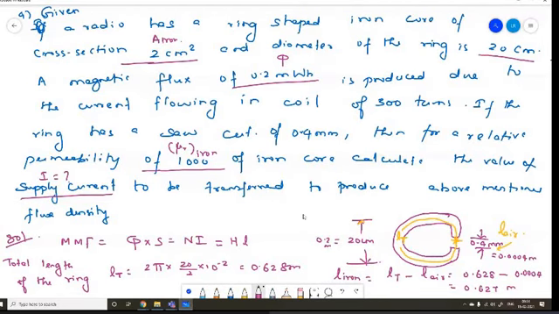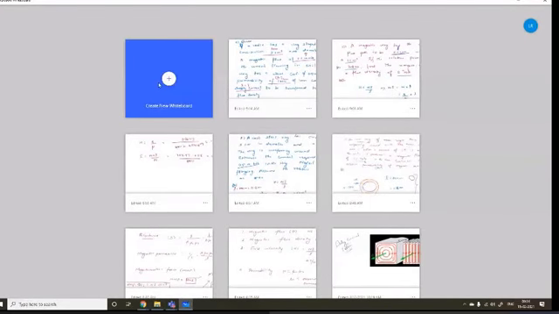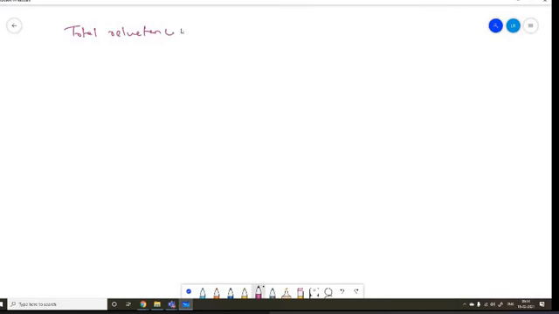Also, in terms of reluctance, the total reluctance will be nothing but the reluctance of the iron portion plus the reluctance of the air portion.